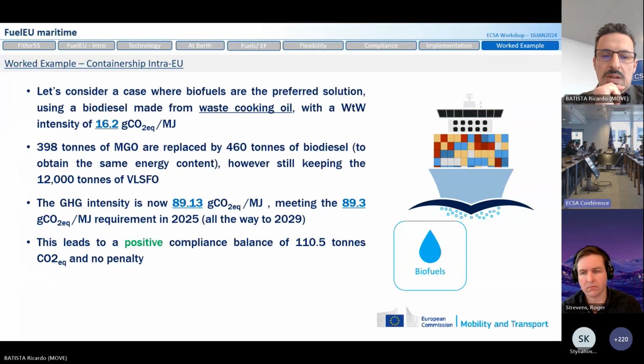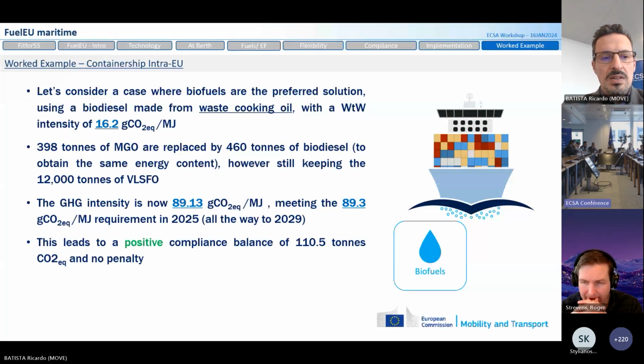Now, the case for use of biofuels, in this case waste cooking oil, with a very low well-to-wake intensity of 16.2 grams of CO2 equivalent per megajoule. Waste cooking oil has indeed a very low emission factor on well-to-tank. We replace marine gas oil by an equivalent energy amount of biodiesel. Bear in mind the different amount in terms of mass relates to the different densities of the fuels.